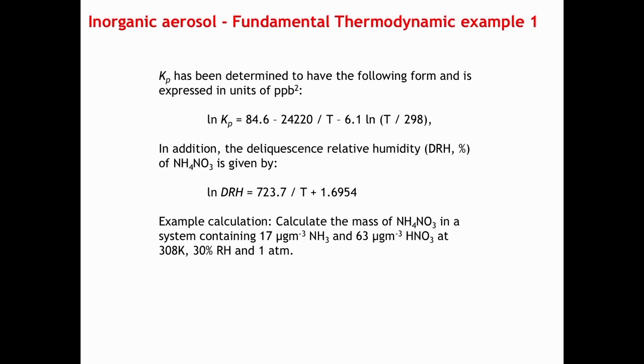So this is how many micrograms per cubic metre 8 parts per billion is of each gas. 8 parts per billion of ammonia is 4.82 microgram per cubic metre because it has a molar mass of 17. 8 parts per billion of nitric acid is 17.87 microgram per cubic metre because it has a molar mass of 63. So you've got about 22 microgram per cubic metre of ammonium nitrate.